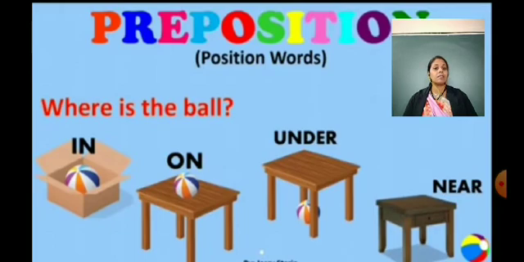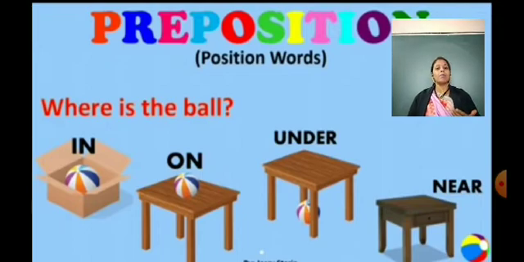And in the last picture, the ball is near the table. By looking at the position of a person or a thing, you can use the different prepositions.